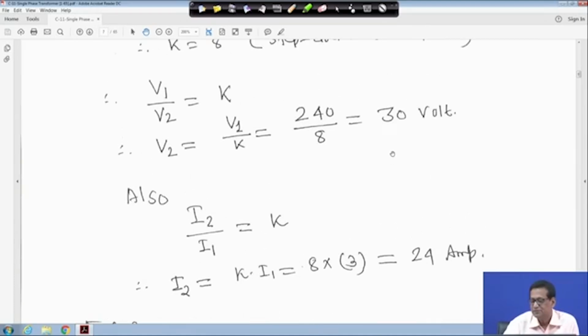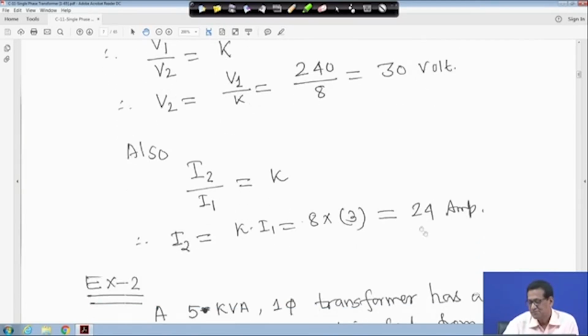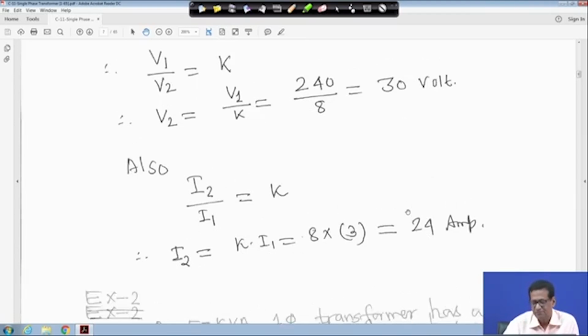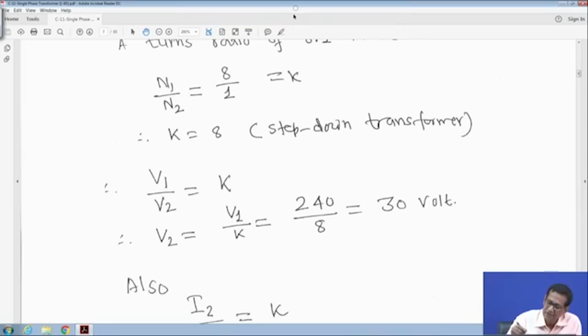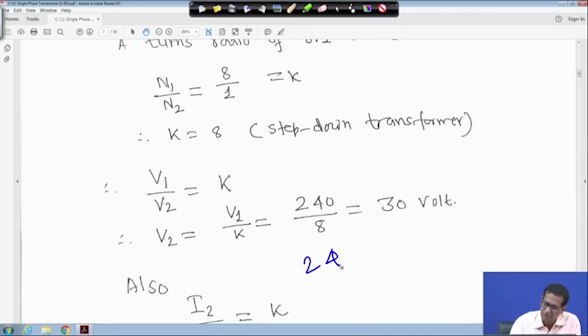Interestingly, if you see, the load voltage is low at 30 volt, but at the same time the current has increased because the volt ampere has to remain the same. On the primary side it is 240 volt into 3 ampere, so 720 volt ampere.